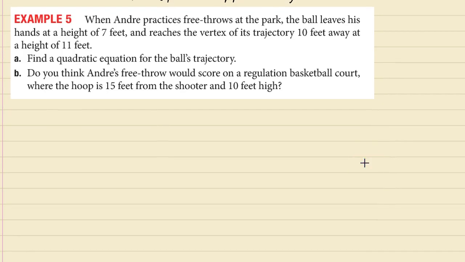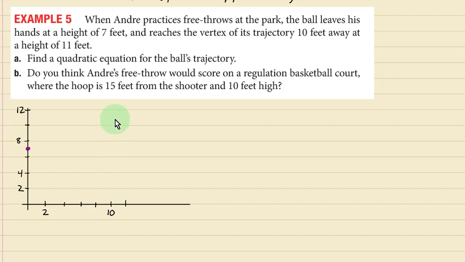But first, let's draw a picture to make sure we understand what all these numbers mean in space. It says it leaves his hands at a height of 7 feet, and so let's say that's where x equals 0. A height of 7 feet would mean right here, so that's where he's holding the ball. And then 10 feet away from that would mean we just go 10 units to the right. So that's going to be when x equals 10, so it should be a point up here.